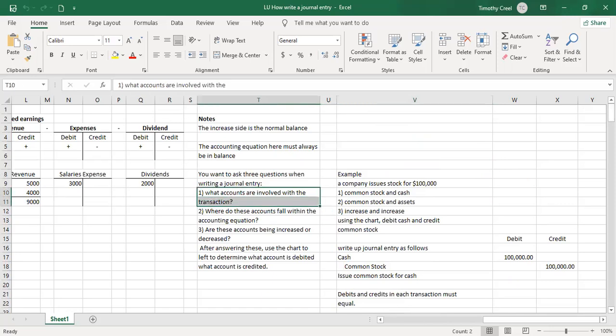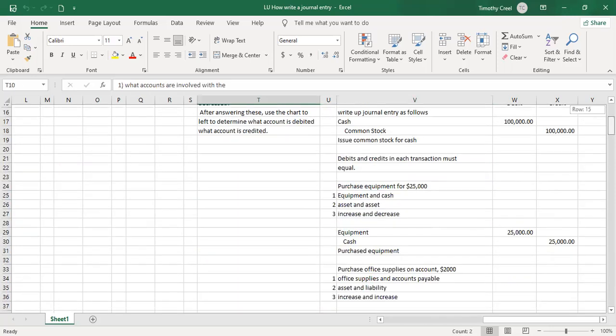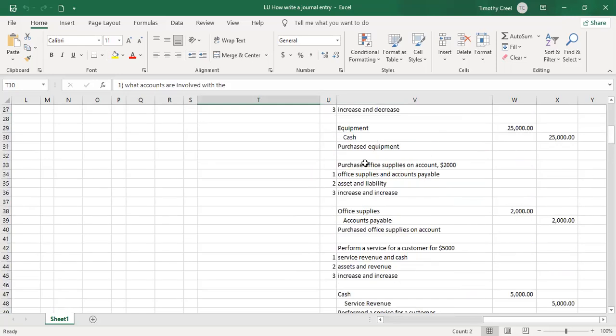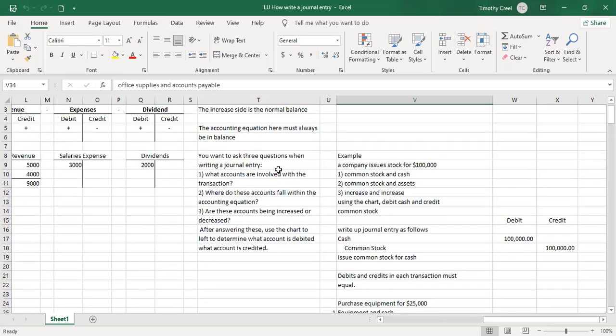What accounts are involved with the transaction? So looking at this transaction, we would know that purchase office supplies on account, office supplies, and accounts payable. It says on account, in this case, that's accounts payable. Now, where do they belong in the accounting equation would be question 2.